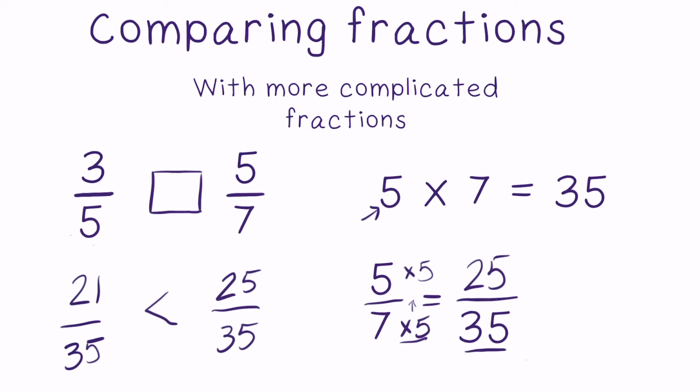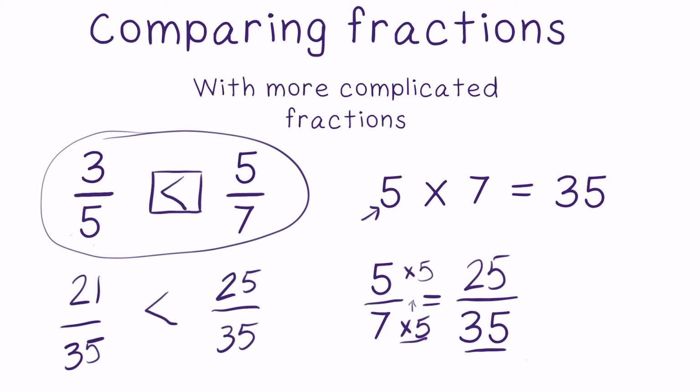Since these fractions are equivalent to our original problem here, we can apply the same logic and determine that 3/5 is less than 5/7. Now this works for small numbers, smaller denominators like 5 and 7, but it also works for bigger numbers and larger denominators. We can apply this rule to really any two fractions that we're comparing.